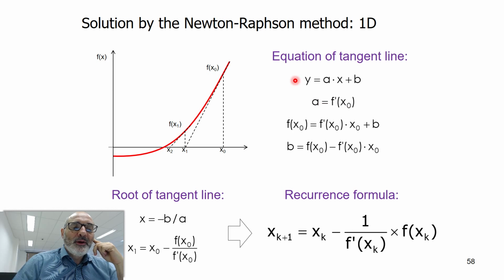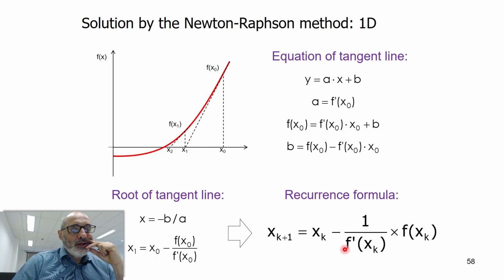Then another piece of information about this straight line is that it passes through this point here. So when I replace x0 in its equation, I get f of x0. From this equation, I can calculate parameter b, okay?